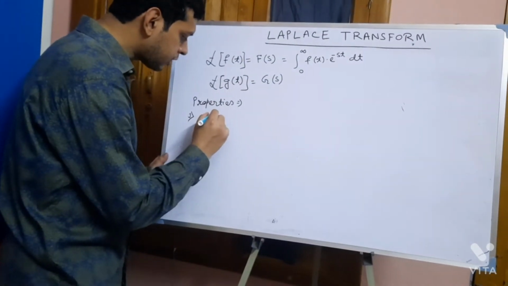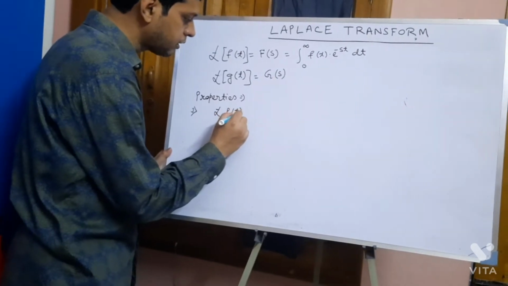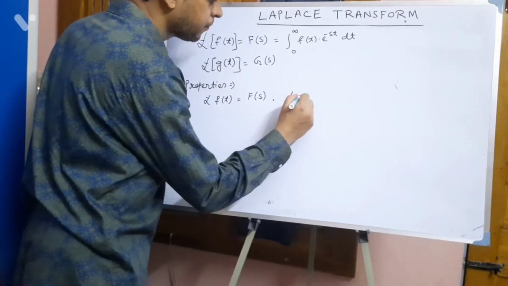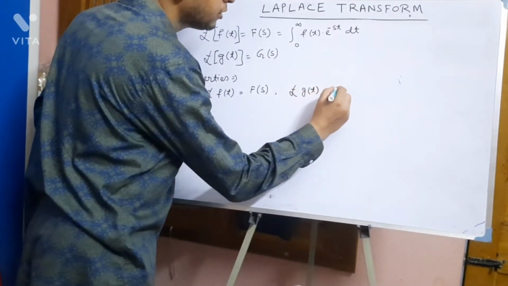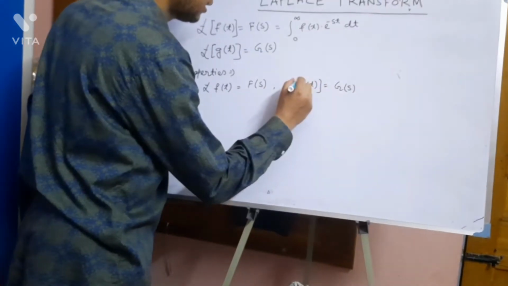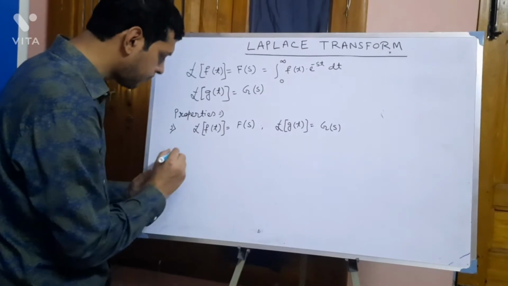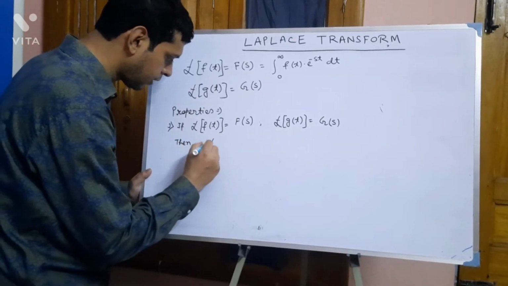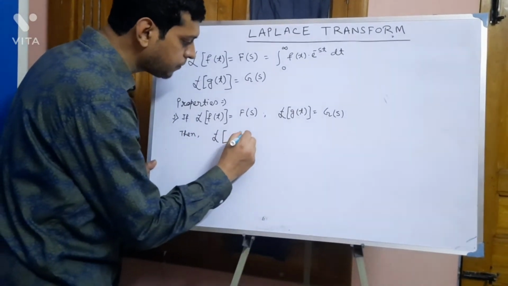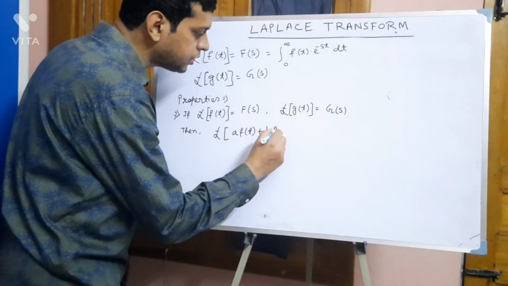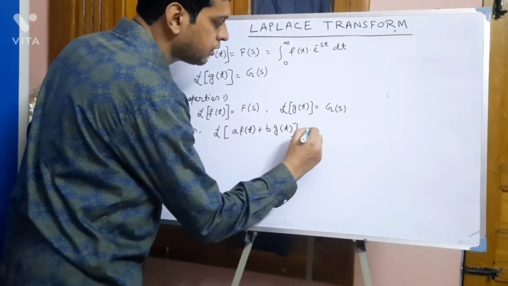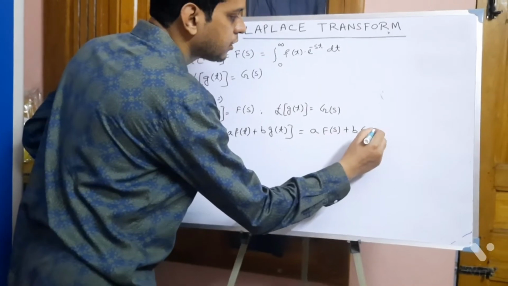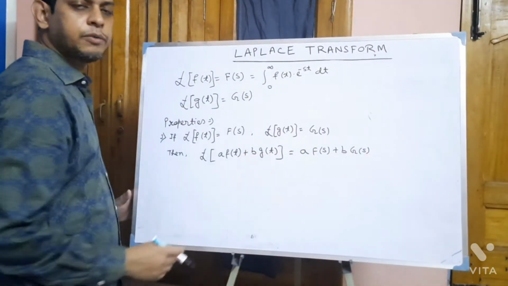If the Laplace transform of f(t) is equal to F(s) and the Laplace transform of g(t) is G(s), then the Laplace transform of a f(t) plus b g(t) is equal to a F(s) plus b G(s). This follows the linearity property.